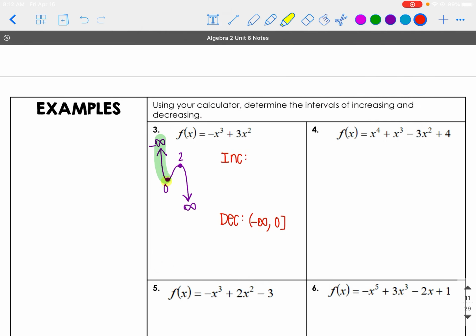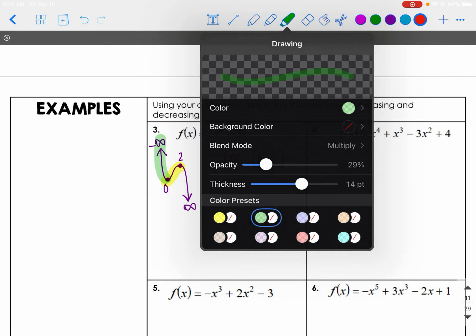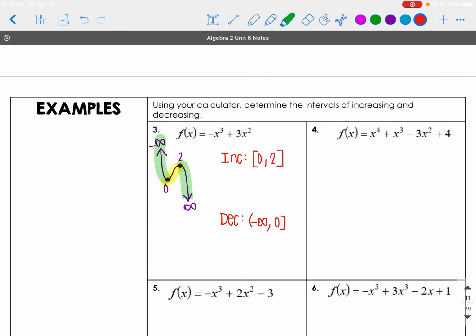And then we go uphill, so we start increasing from 0 to 2. And then once we're back at the top of the hill, we start decreasing again from 2 to infinity.